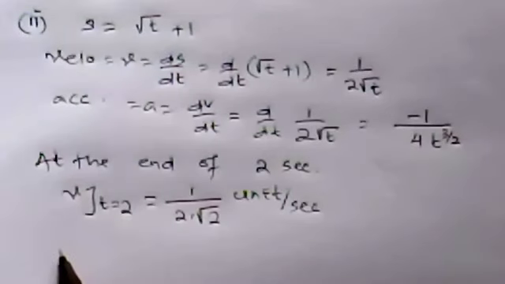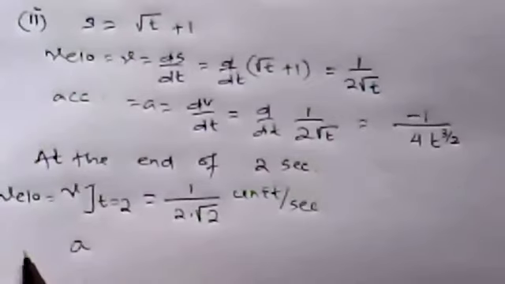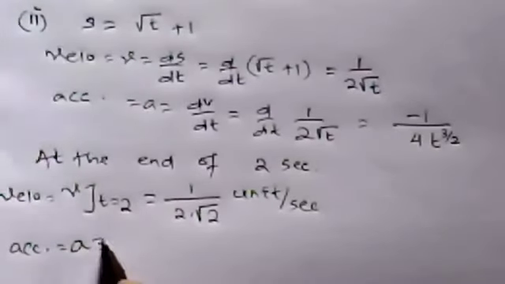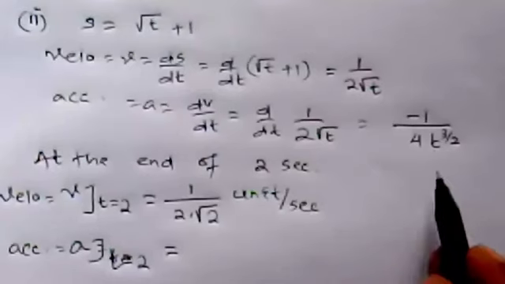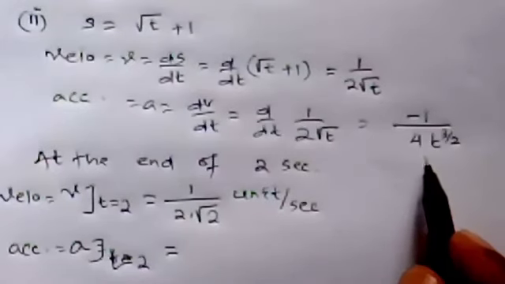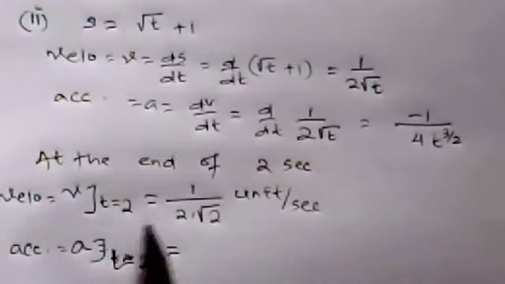This is the velocity, and next is the acceleration a at the end of t is equal to 2, and here acceleration is minus 1 by 4 into t to the power 3 by 2. We have to put t is equal to 2.